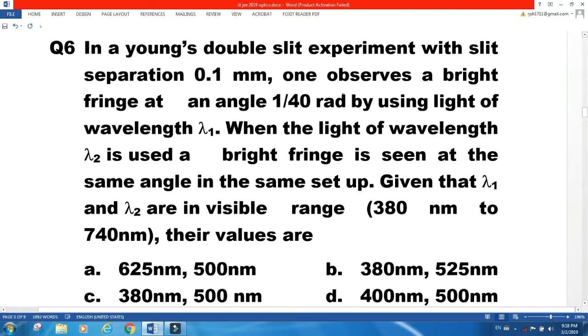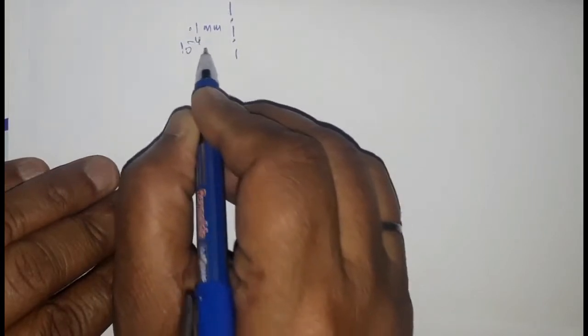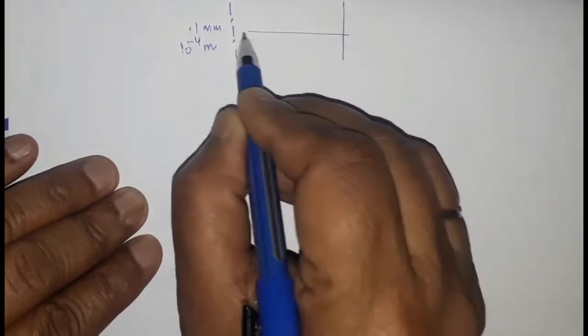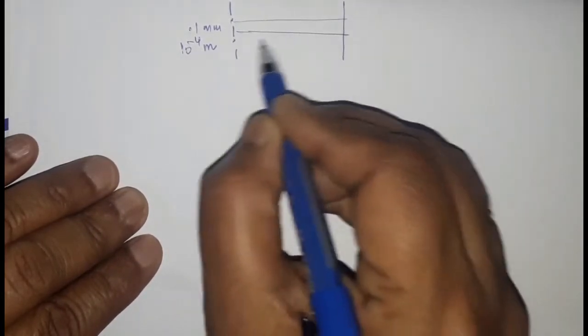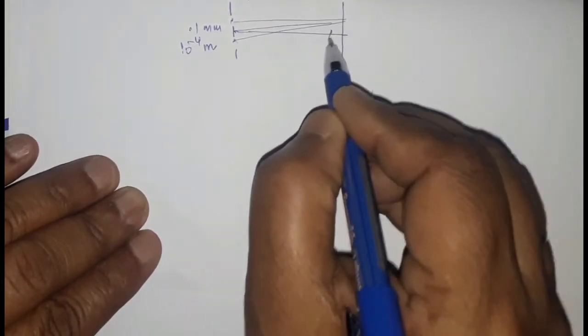Now, what is given in the question? In this question, slit separation is 0.1 mm, that means 10 raised to power minus 4 meter. And the angle made by the bright fringe at the center is 1 by 40 radian.